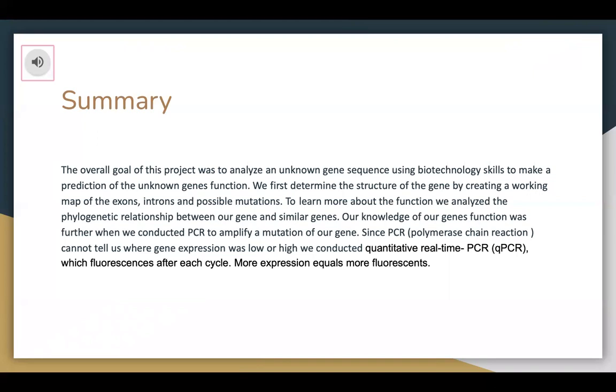Our knowledge of our gene function was furthered when we conducted PCR to amplify a mutation of our gene. Since PCR cannot tell us where gene expression was low or high, we conducted quantitative real-time PCR, which fluoresces after each cycle. More expression equals more fluorescence.